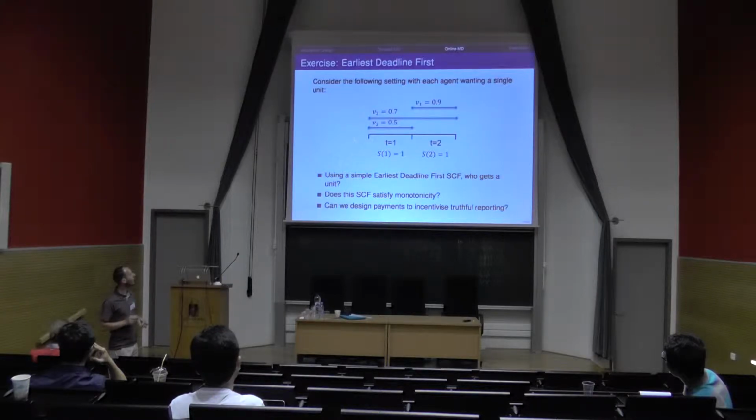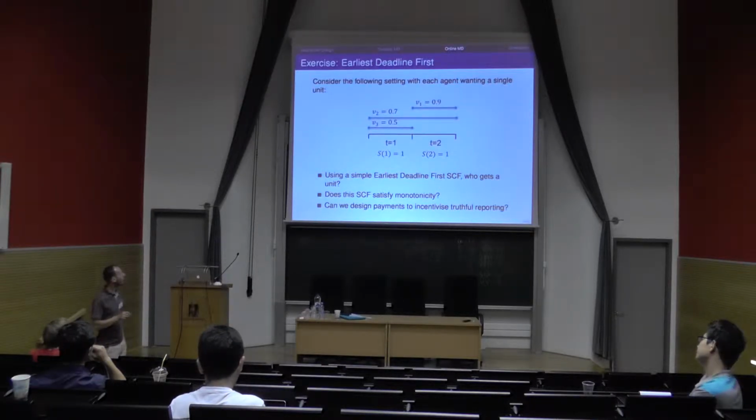So we can say, okay, we don't care about monotonicity. Could we find a payment that incentivizes truth telling for this strategy anyway? The current social choice function is that this agent gets a slot, so V3 gets a slot, and V1 gets a slot.